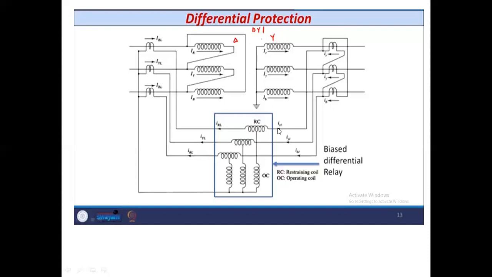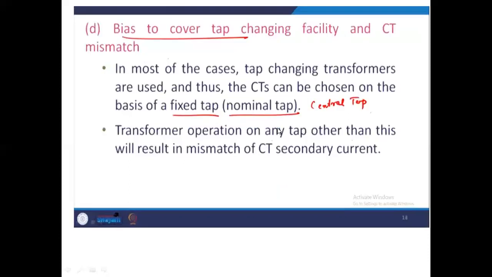Now the next point we need to consider is the bias to cover the tap changing facility. We know that most of the power transformers inherently contain a tap changing facility.